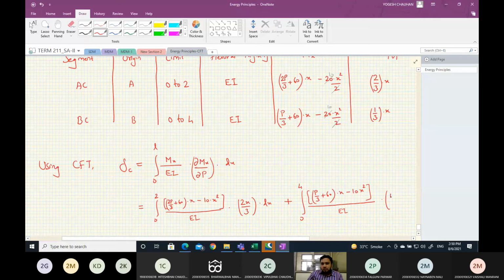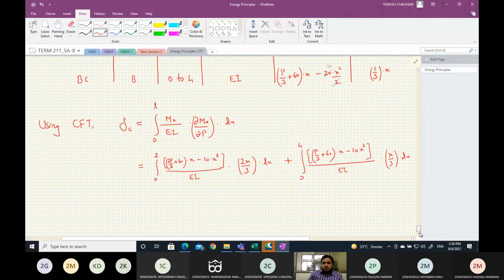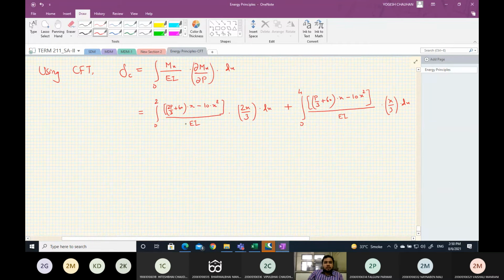This time it will be x by 3 dx. You can use a calculator to integrate this. There is a function available in it. You write the function and give the limit, and it will calculate the integration and give you the result. You can use that also.